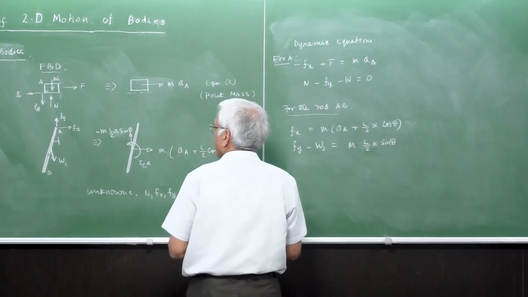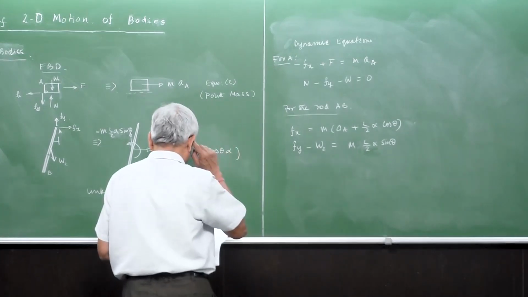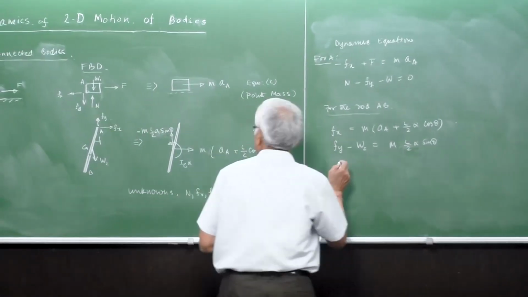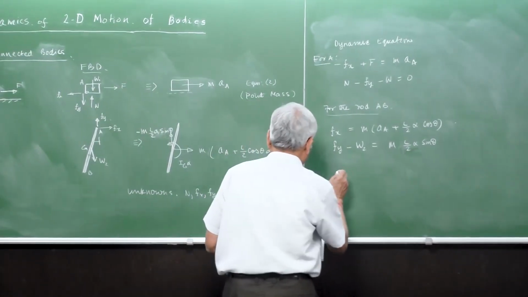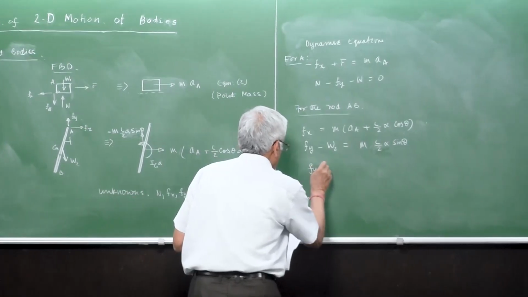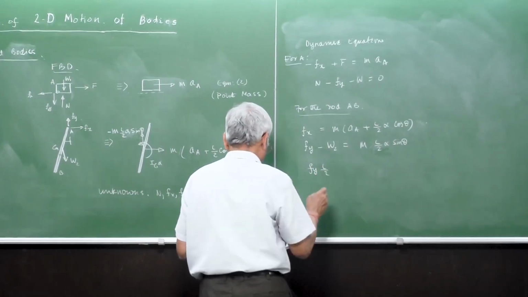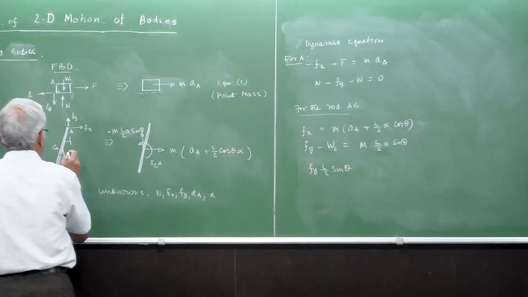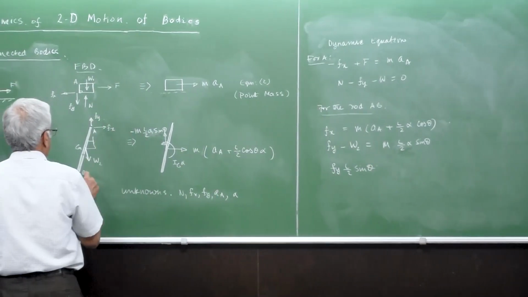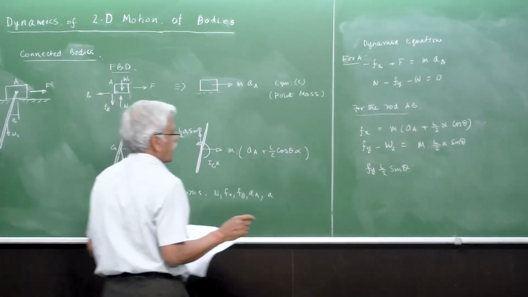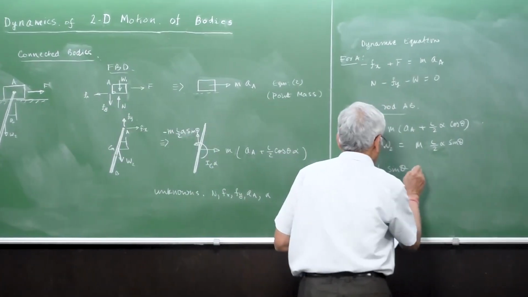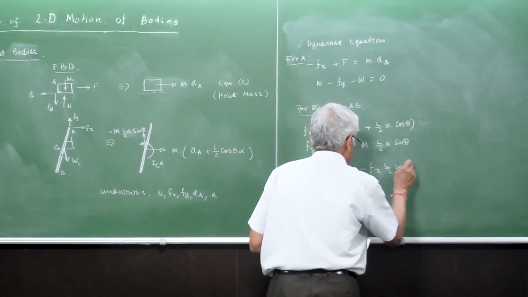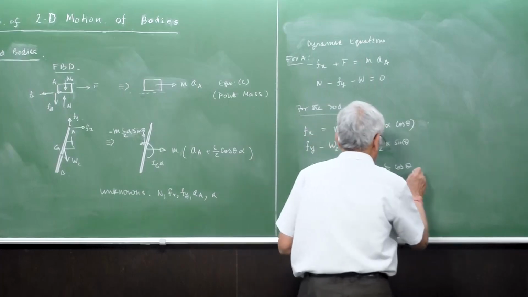And the moment about the point G here. So that's Fy L by 2 sin theta. So this is theta, and then this is L by 2 Fy. Okay. And Fx times L by 2 cos theta, and this is equal to.